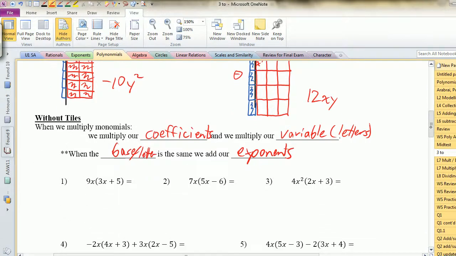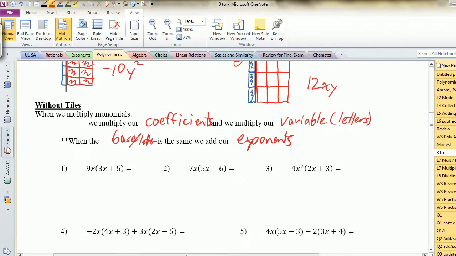Okay? Now I'm going to give you some different examples here because I don't like the ones I gave you. This is kind of more work for tomorrow. Let's just scratch out that plus 5. 9x times 3x, what did we do? We went 9 times 3 and x times x. So we got 27 what? Yeah.